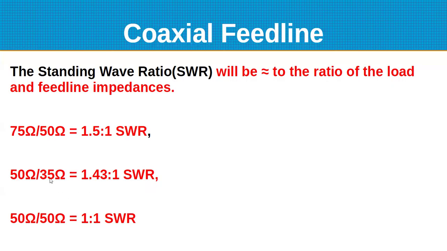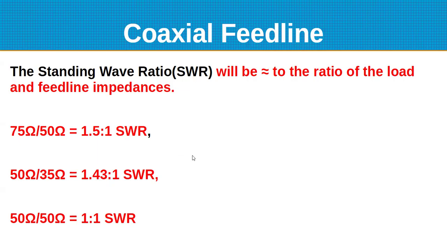In the case of where we're connected to a half wave ground plane vertical, which is 35 ohms, we're going to have a 1.43 SWR. Now, these are normally enough that you can operate without having to do any kind of matching. It's not optimum, but you're not going to hurt anything. When you start getting up to 2 and above, you start running into problems.